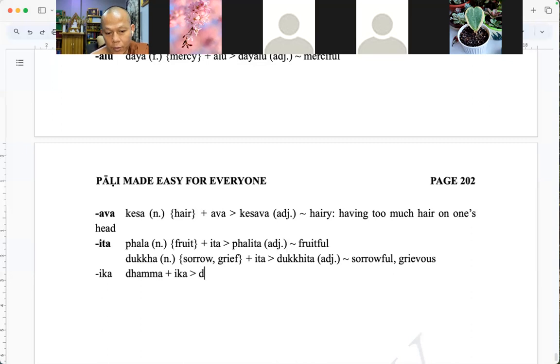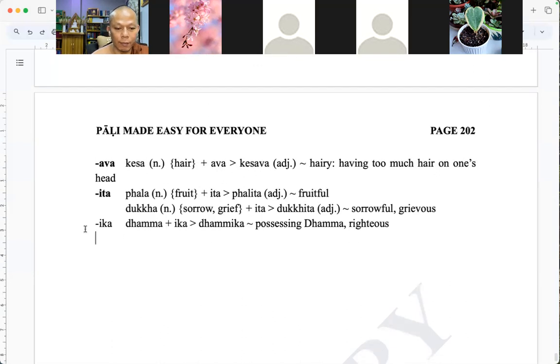After the ika, we have Dhammika, possessing Dhamma, so righteous. So in this way, there is the ika suffix. And then another suffix.